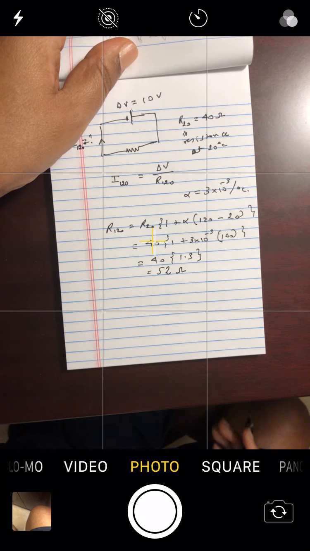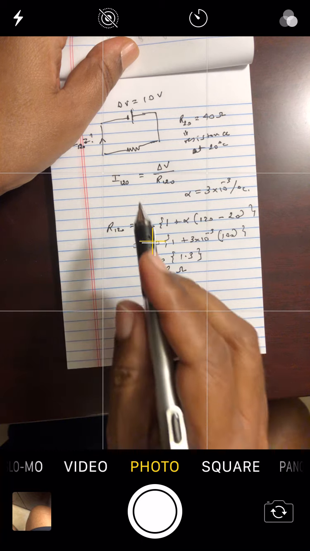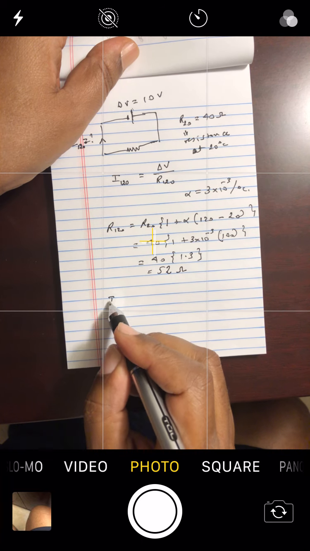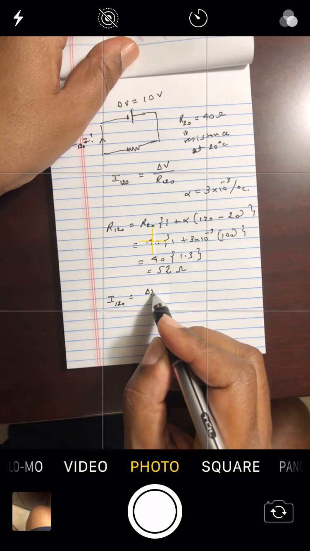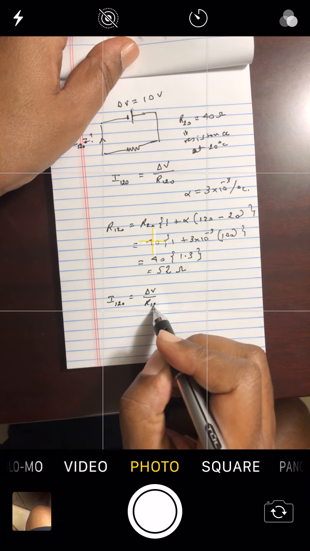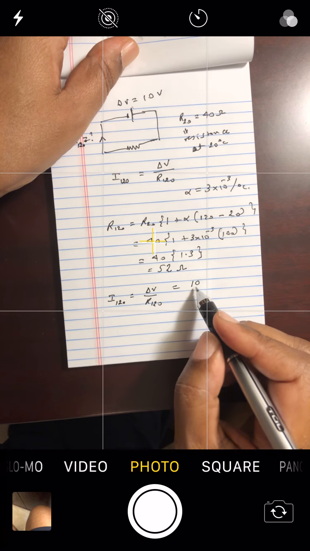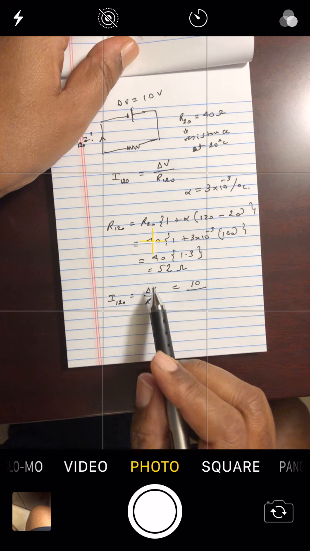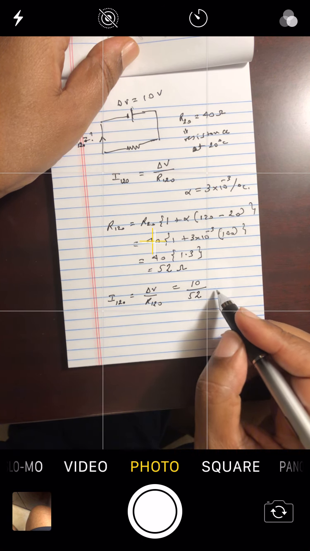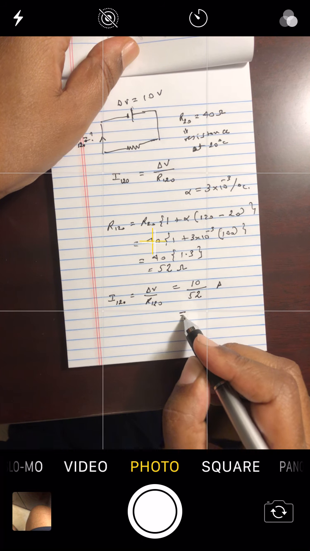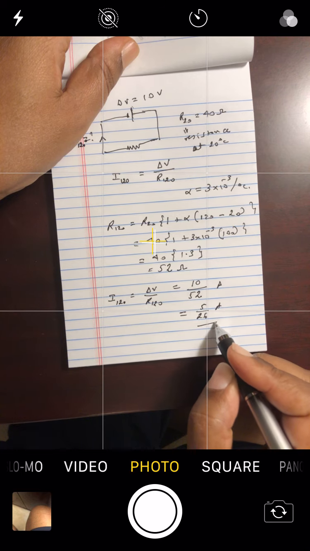So the resistance at 120 degrees centigrade is 52 ohms. Therefore the current at 120 degrees centigrade is the potential difference divided by the resistance at 120 degrees centigrade, which is 10 divided by 52, that is 5/26 amps.